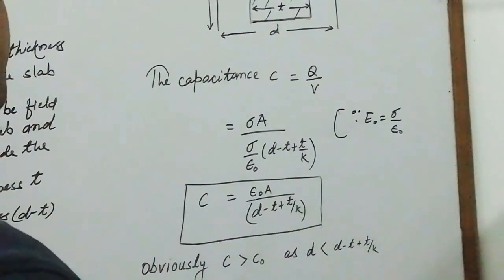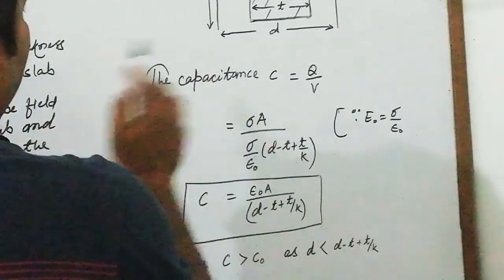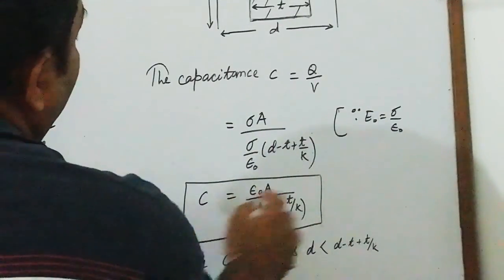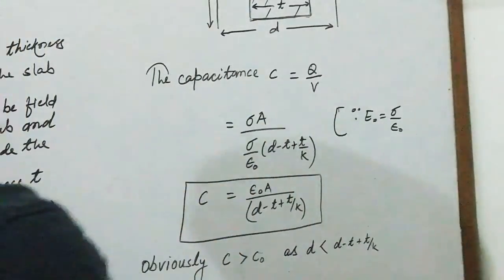So it will be sigma by epsilon naught. Sigma will cancel out, epsilon naught comes to the numerator. So C is equal to epsilon naught A divided by d minus t plus t by K.